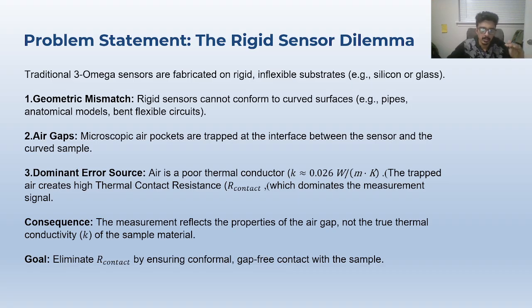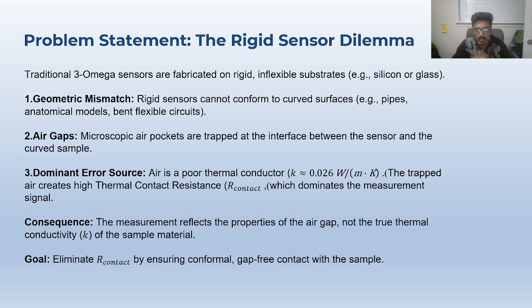There is a geometric mismatch: rigid sensors cannot stick to curved surfaces or surfaces with a rugged texture, and this also causes air gaps. Air is a poor thermal conductor.